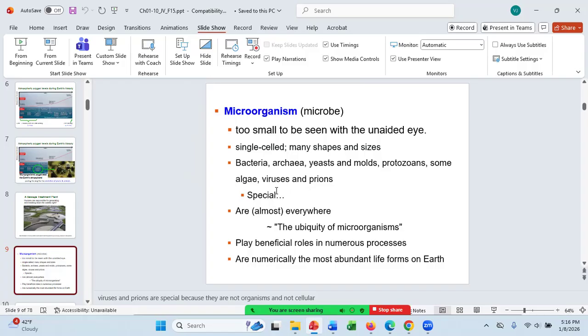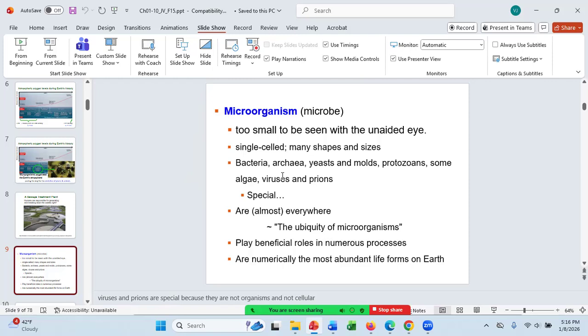So microbes include viruses and prions, as well as most algae, all single-celled algae, protozoans, yeast and molds, single-celled organisms, archaea, and bacteria.